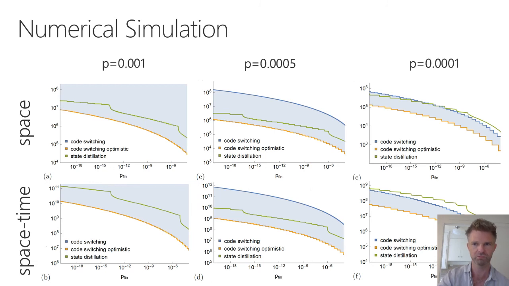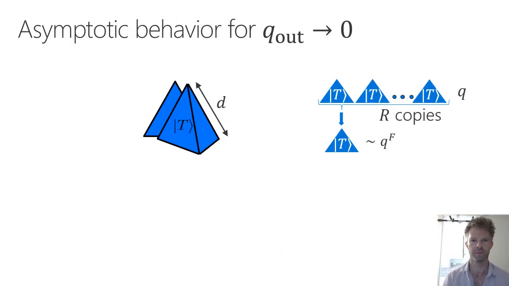So the results are not extremely optimistic for code switching, because we see that code switching is more expensive than state distillation, and even if you made all of these improvements, you wouldn't drop the cost by more than an order of magnitude in the range of error rates that we studied. So that's somewhat disappointing, but unfortunately, that's what we observed.